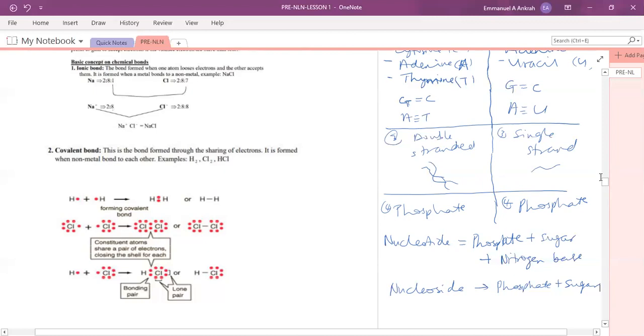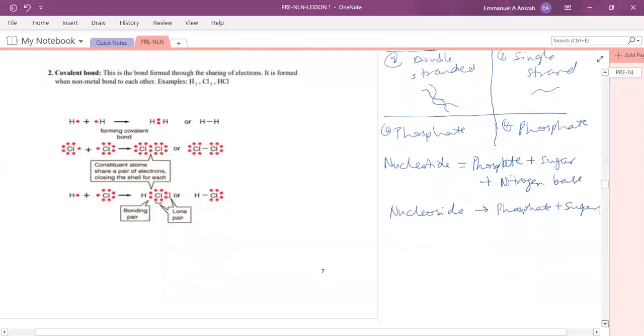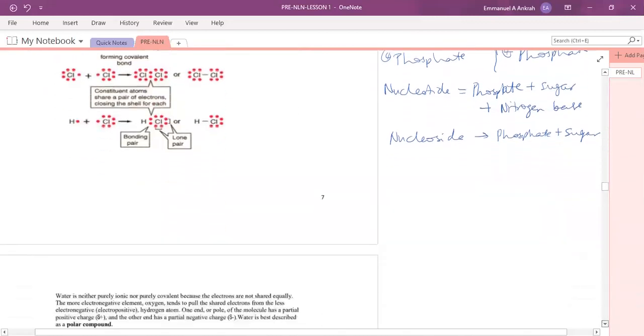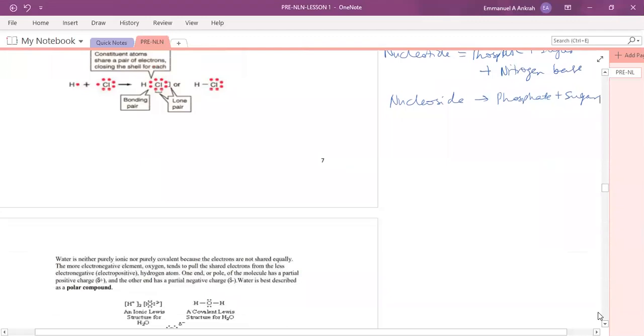So you could have a question that goes like this. Now they give you the DNA sequence. Let's say they give you a sequence like this. Let me make up something here.